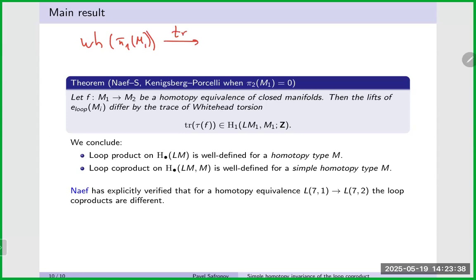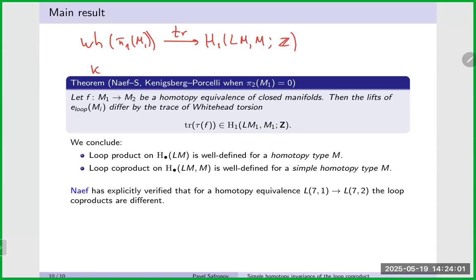The Whitehead group is some quotient of a K-theory group, and the K-theory group has what's called the Dennis trace to Hochschild homology. So there's a trace map from the Whitehead group to homology of the free loop space.